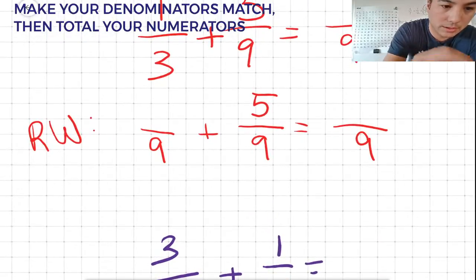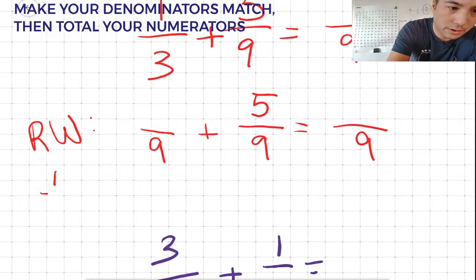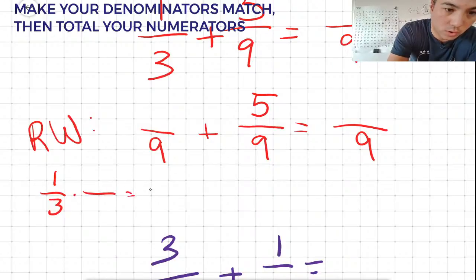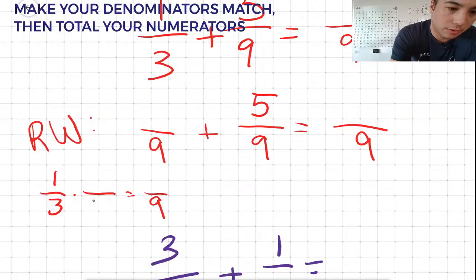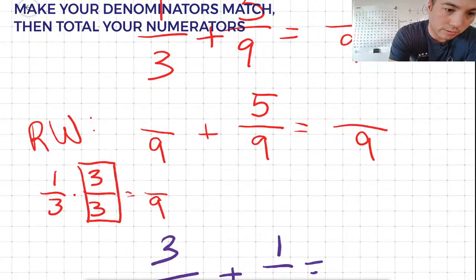Give some more space here. There's the next one. 1/3 times which equivalent of 1 is going to get us 9ths? 3 times what equals 9? Yeah, 3 times 3. So we're going to use 3/3 as our equivalent of 1.